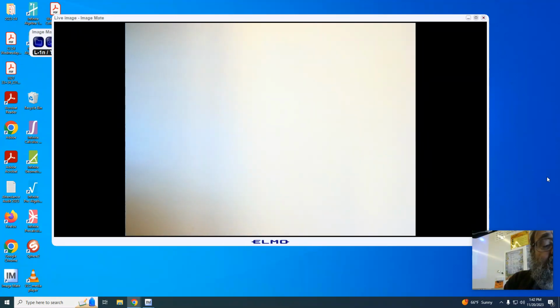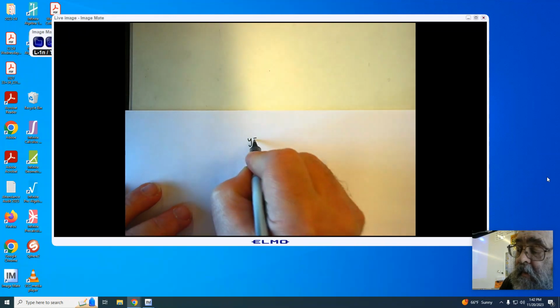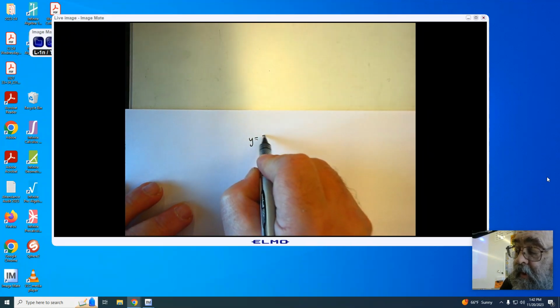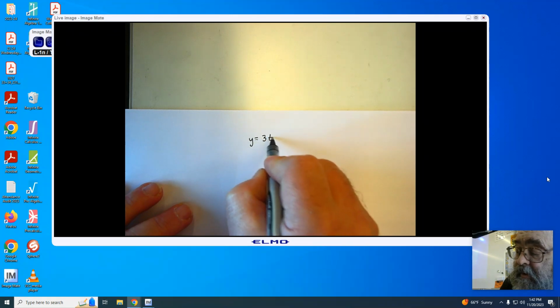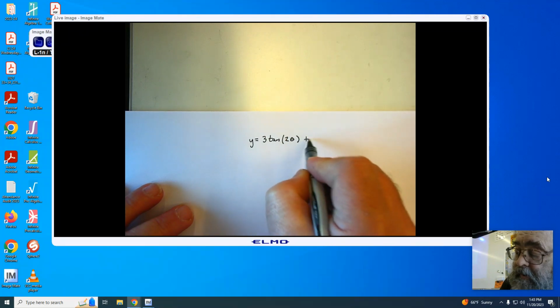All right, let's go ahead and start taking a look at what happens when we have different components. So let's take a look at a y equals, and we're going to put a whole bunch of it together. So let's do 3 tangent of 2 theta plus 1.